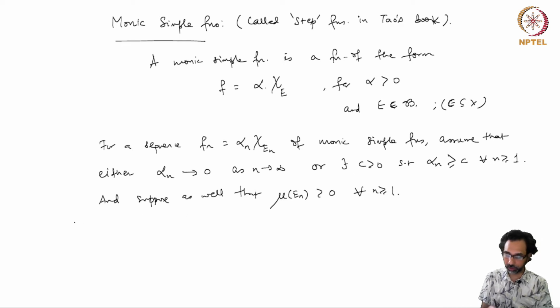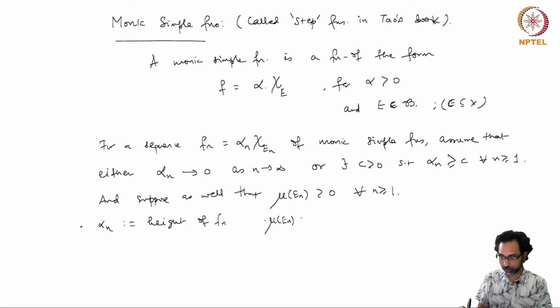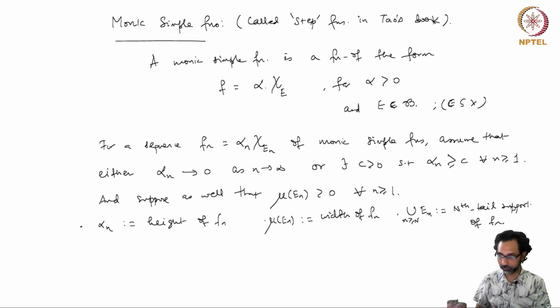Now let's give some terminology. I will call alpha n the height of Fn, mu of En the width of Fn, and if you take the union of En for n greater than or equal to some capital N, this is called the nth tail support of Fn. Of course, I forgot to mention that these alpha n's are all scalars.